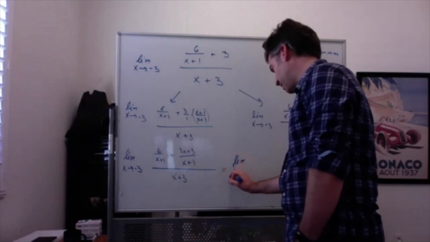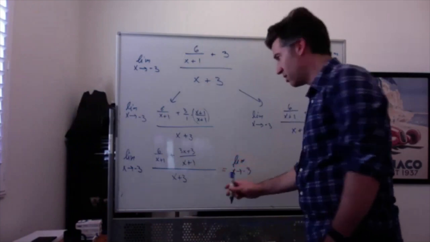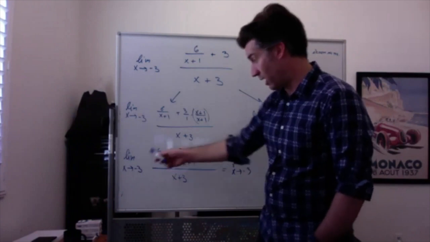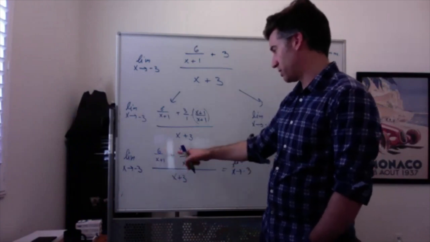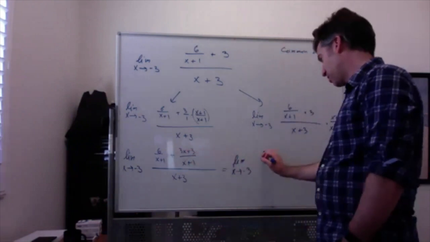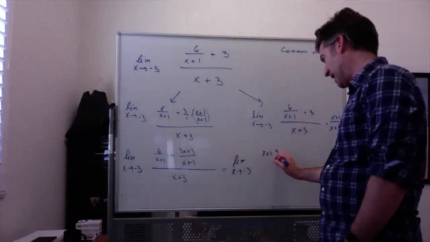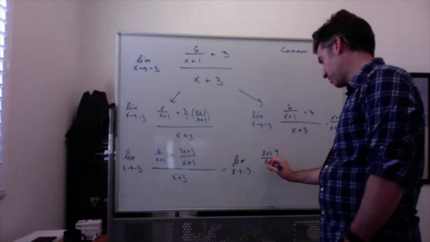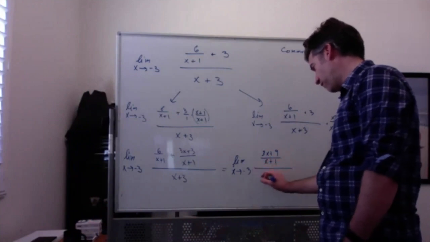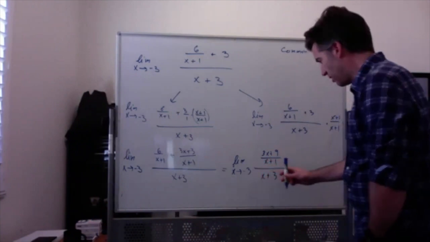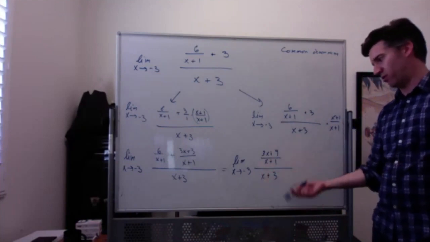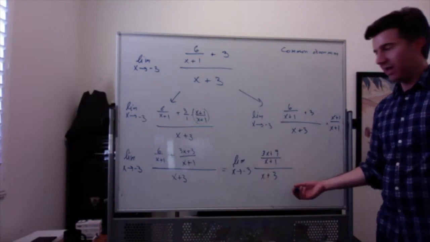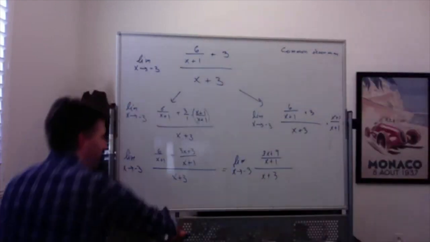On top, I got a common denominator so I can add those fractions together. So 6 plus 3x plus 3 is going to be 3x plus 9 over x plus 1, all over x plus 3. A lot of people don't like this, where you have a fraction over a fraction, or over a denominator. It's not terrible, but we have to be careful.